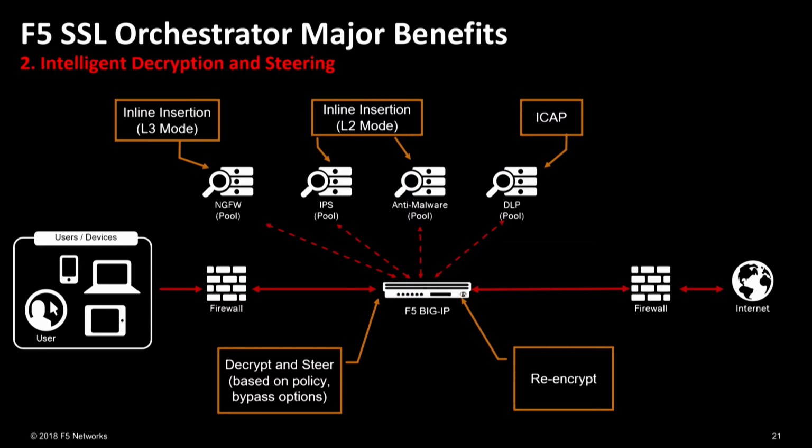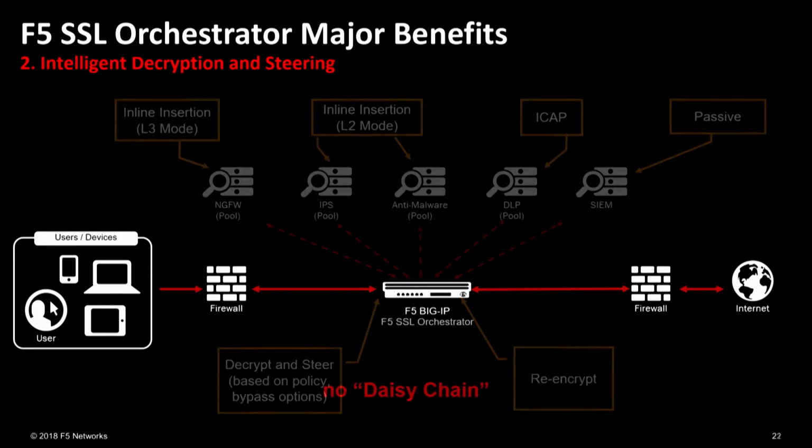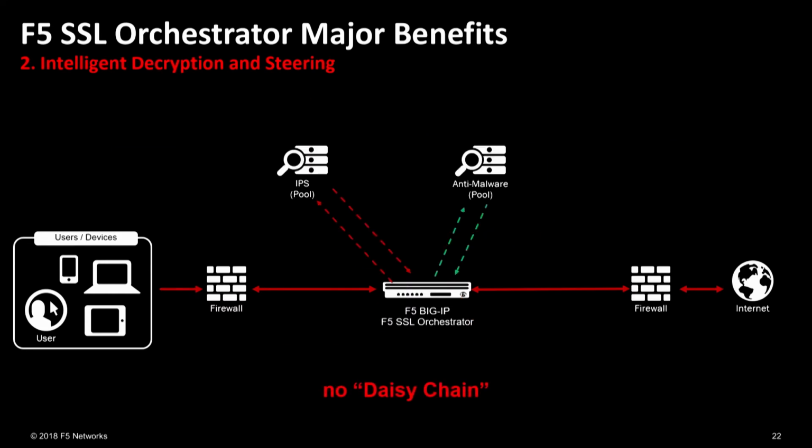Maybe some of you are using DLP systems, which are prone to use ICAP. And we are also able to steer this traffic to passive devices like SIEM, for example. At the end we will re-encrypt the traffic. Also, what is really cool in our technology is that we will do this, of course, intelligently.